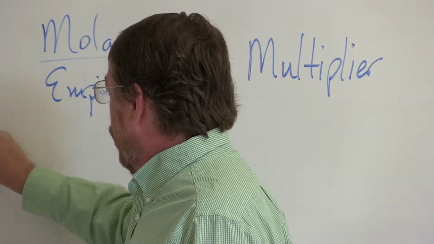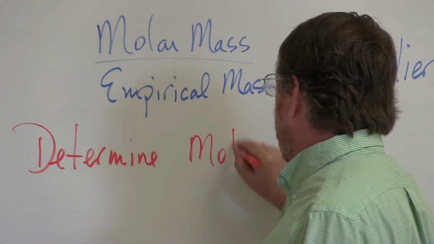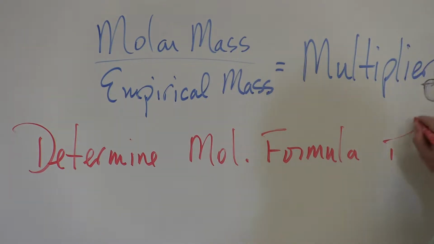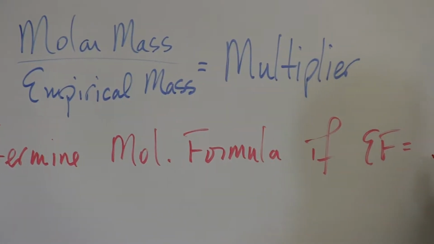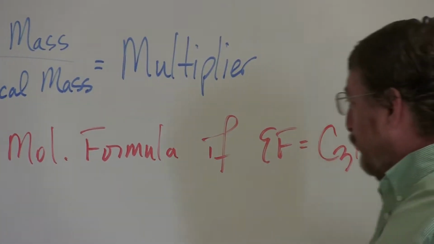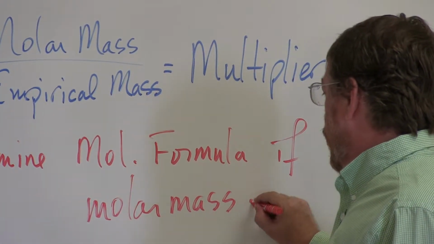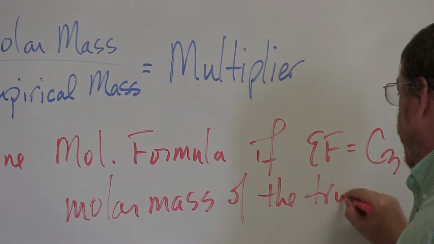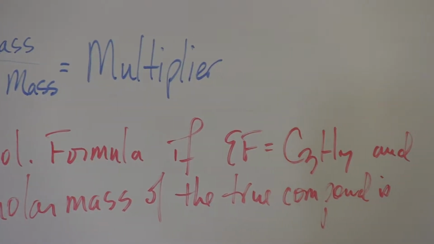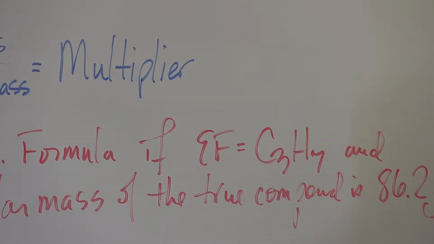So we'll determine the molecular formula if the empirical formula equals C3H7 and the molar mass of the true compound is 86.2 grams per mole.